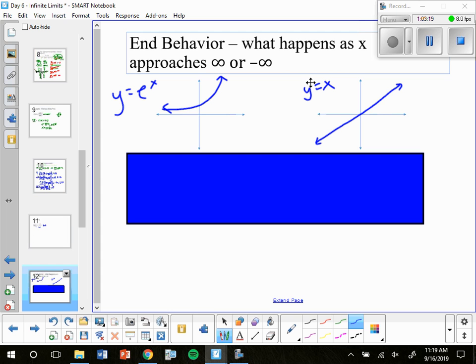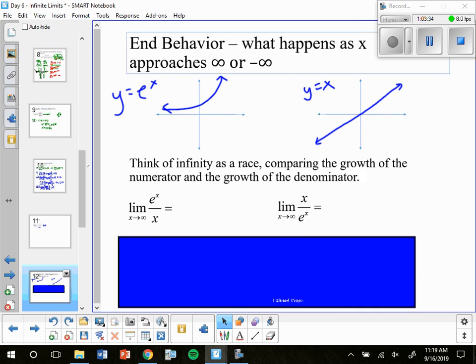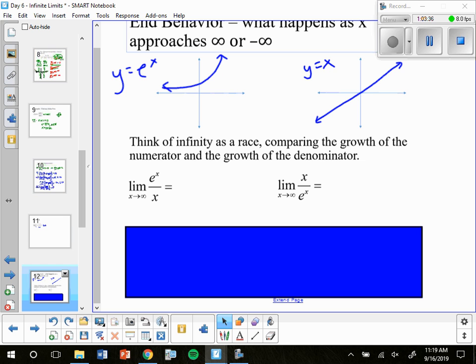You can see that it gets steeper and steeper. y equals x is also going to infinity, but it's taking its time. It's going over 1, up 1, over 1, up 1. E to the x gets faster and faster and faster. Does that make sense? So when we're looking at horizontal asymptotes or limits as x goes to infinity, we can think of it as a race comparing the numerator to the denominator. Which one's going to infinity faster?